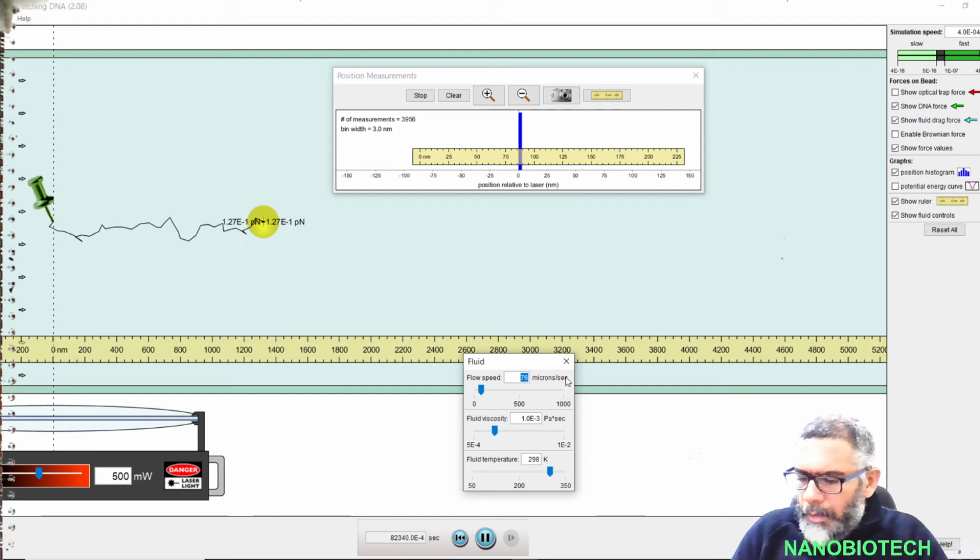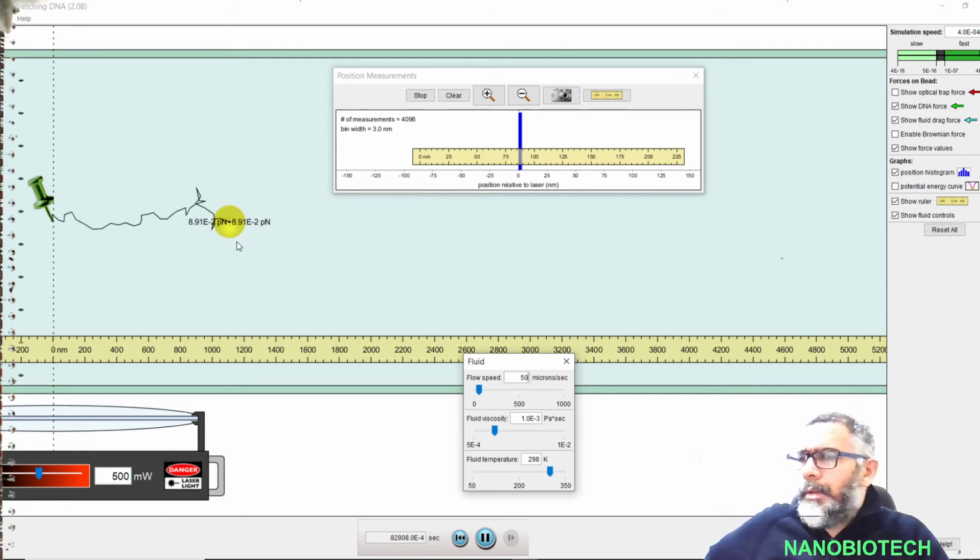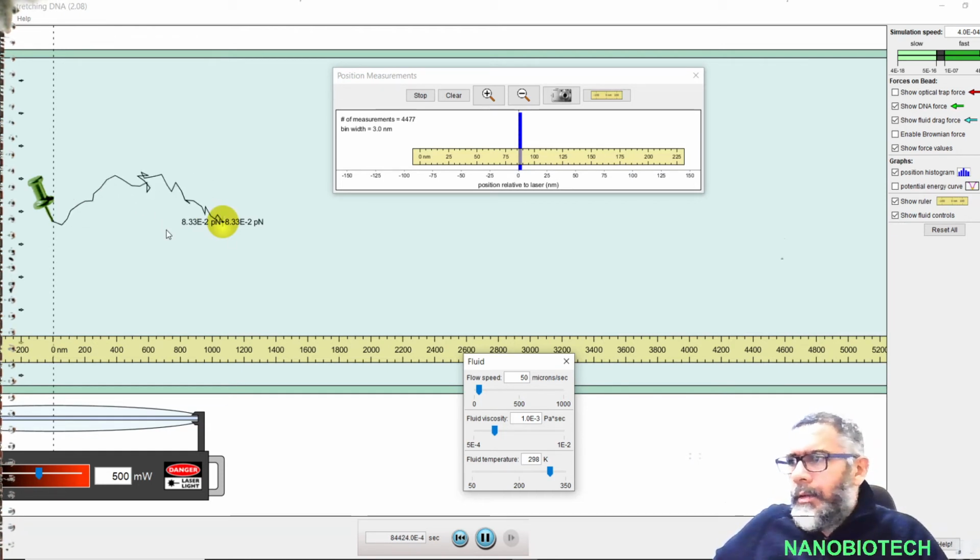Let's make it 50. Now it was 76. So you see what happens. Since I just dropped the flow speed, the drag force will be smaller. When the drag force is smaller, then the DNA will pull toward the tack, and once these two forces, drag force and the DNA force, are equal to each other, then the sphere will stop there.